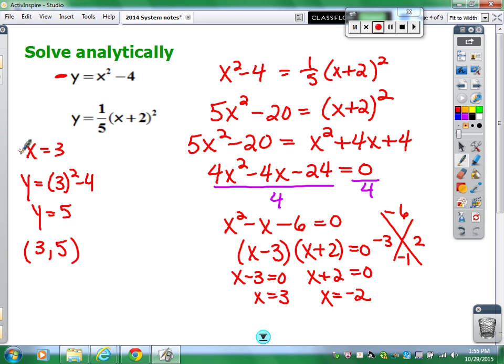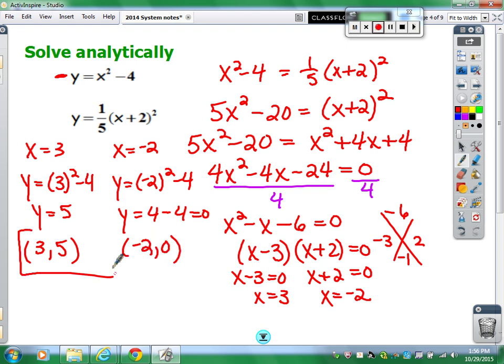Like I said, your answer needs to be an ordered pair. All right, let's find the other answer, -2. x is -2. Let's find our corresponding y. So that's going to be 4 minus 4, which is 0. So my second answer is -2, 0. You must write your answers as ordered pairs. Okay, 2 more topics in these notes.